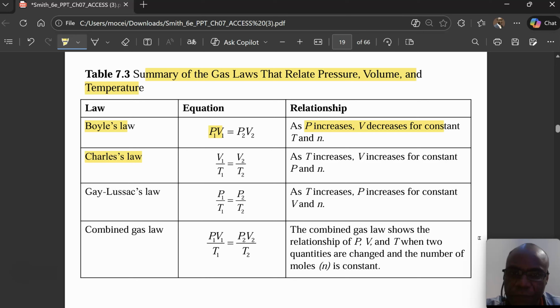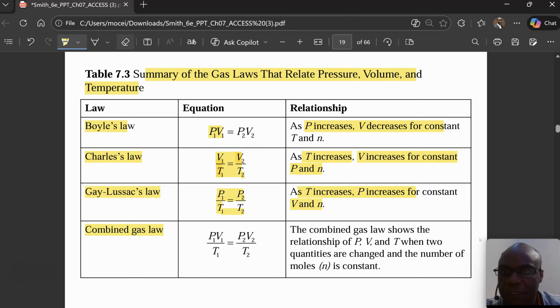Charles' law related V and T. As temperature increases, you expect the volume to increase because the gas molecules are moving so fast. Pressure and number of moles is kept constant. Gay-Lussac's law, as temperature is increasing, you expect pressure to increase because of random movement again of those gas molecules. You're keeping volume and number of moles constant.